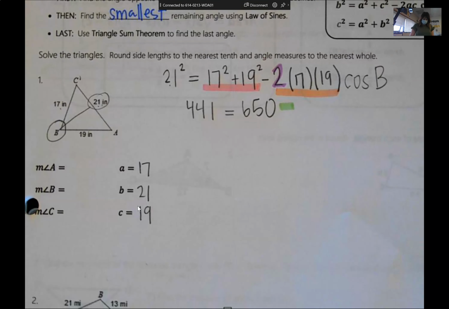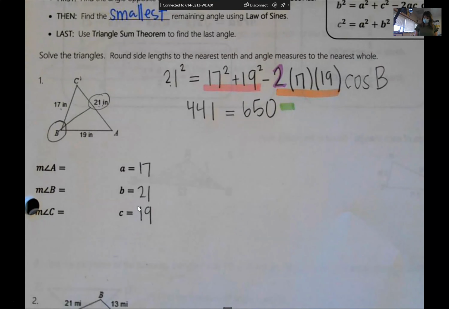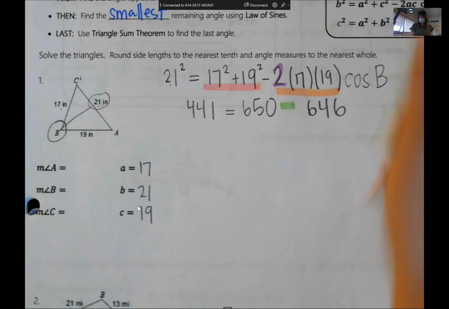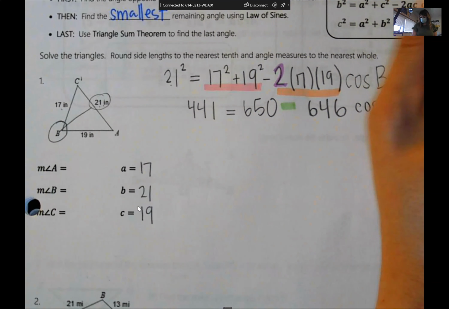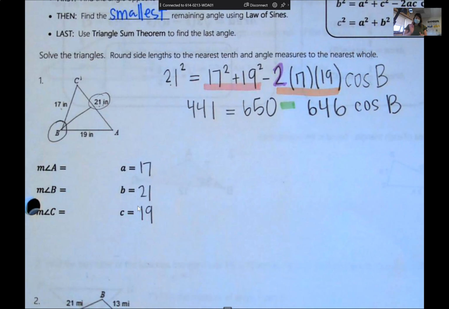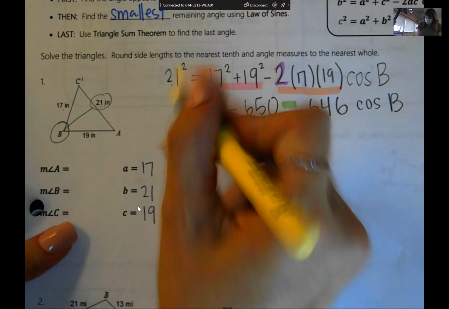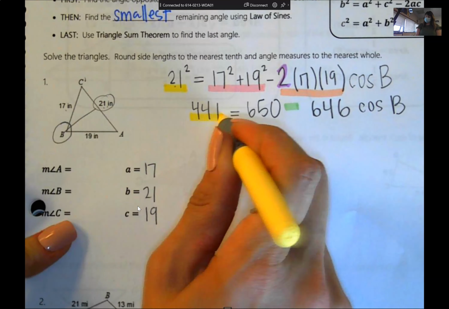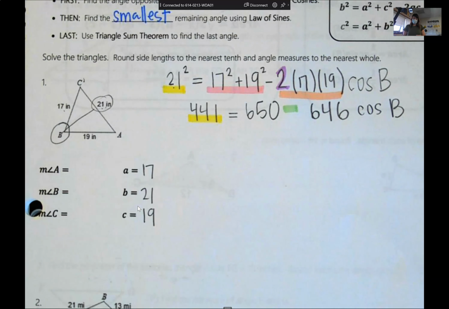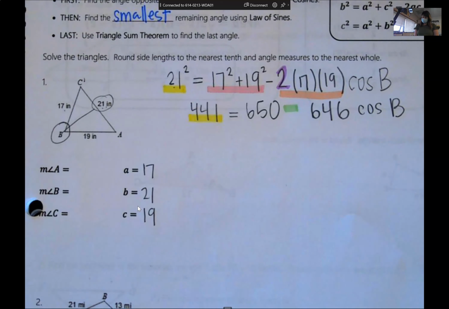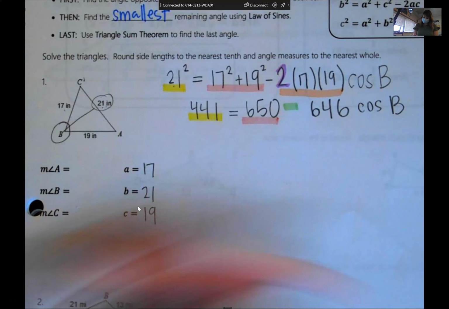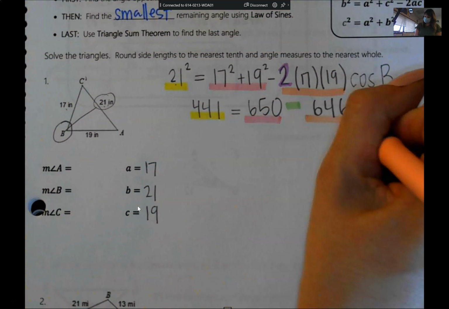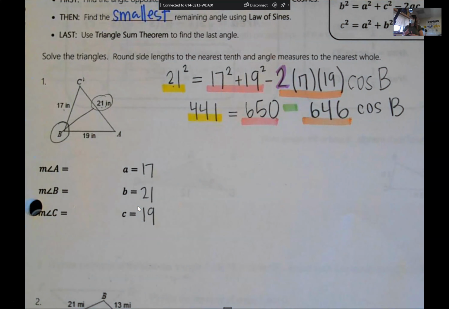So 2 times 17 times 19 is 646. Then don't forget your cosine B. So now we have 3 fairly large numbers. We have 441, 650, 646, and I'm highlighting them so that if you refer back to this, you know where I got each number.